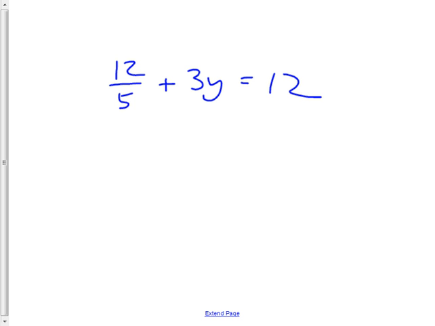Make it so there aren't fractions anymore. What simple thing could I do to this that would make it so I didn't have a fraction anymore? Multiply by 5. So now, this cancels this. I don't have a fraction anymore. And then I can solve it really easily from there.